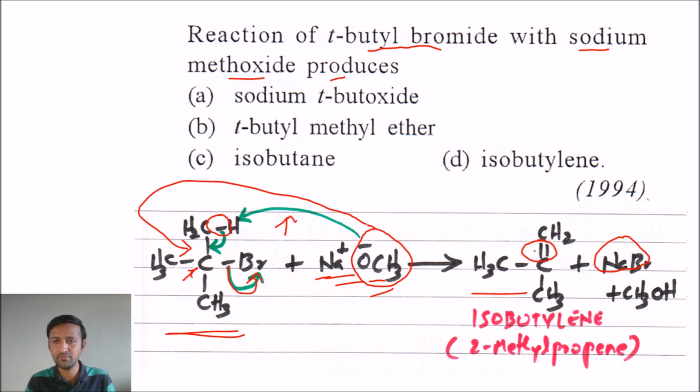You can see the double bond, and you can call the structure isobutylene or 2-methylpropene, right? So the main product obtained when tertiary butyl bromide reacts with sodium methoxide is isobutylene or 2-methylpropene, right?